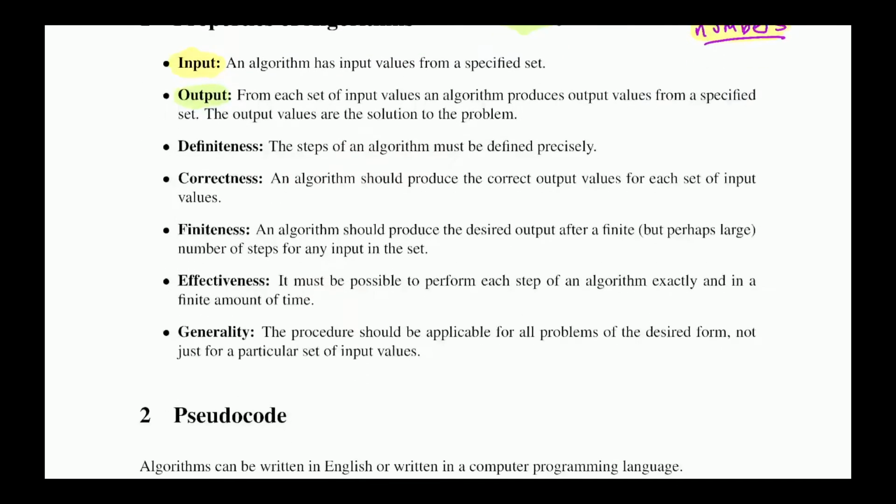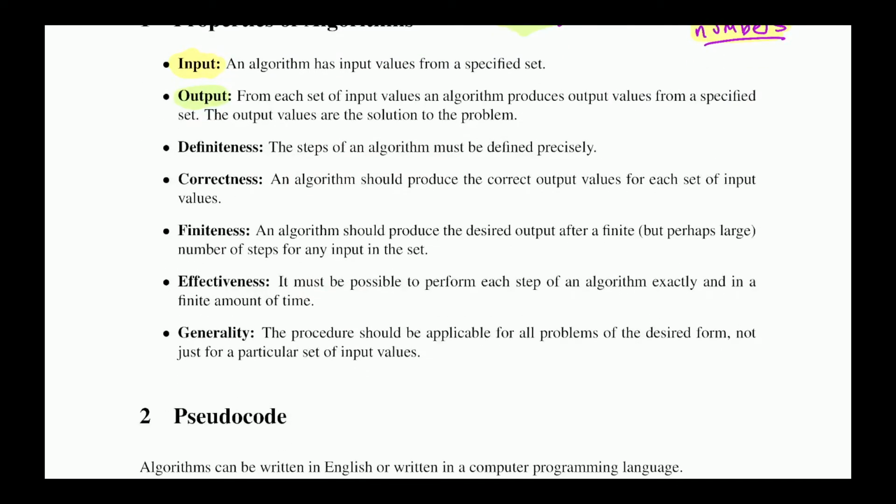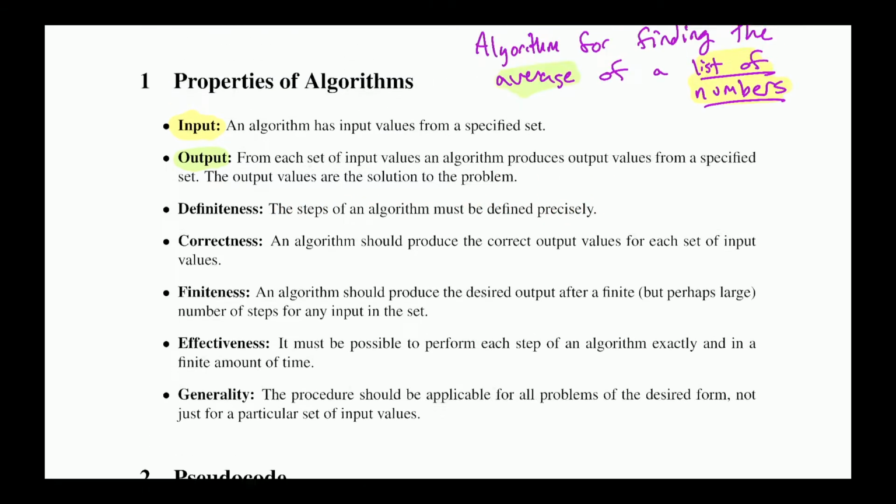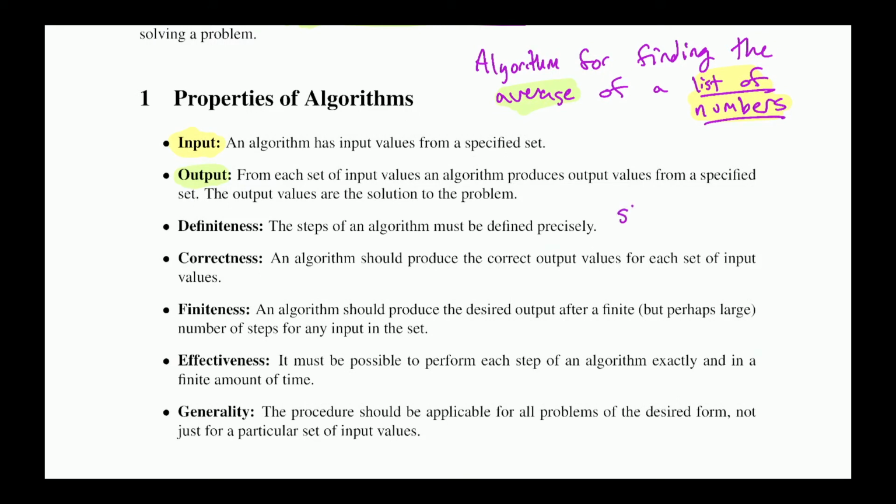The rest of these requirements are just stuff to make sure your algorithm is really going to actually work. So what are they? Definiteness. The steps of an algorithm must be defined precisely, right? You can't just have a step that says step 1, find the average.